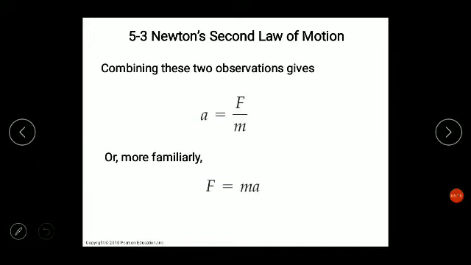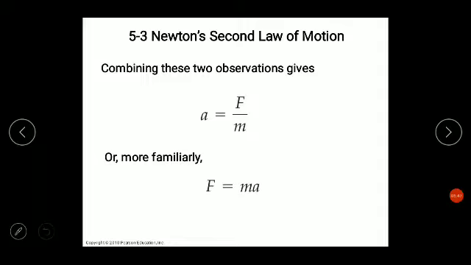So with that, we may mathematically state that the acceleration of the object is directly related to the force applied on the object, but inversely related to the mass of the object. That is why heavy objects are harder to stop or harder to move. For you to move a heavier object, you have to apply more force.